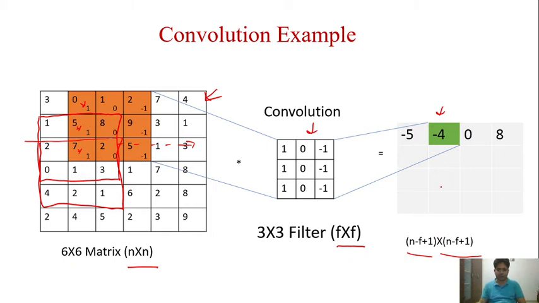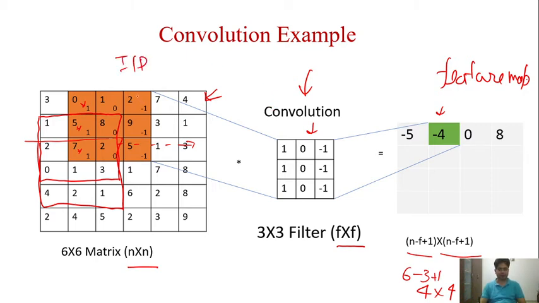So you will get an output of 6 minus 3 plus 1, so you'll get a 4 cross 4 matrix as output, and this output is the feature map of this convolution operation on top of this input feature, or you can say input matrix.